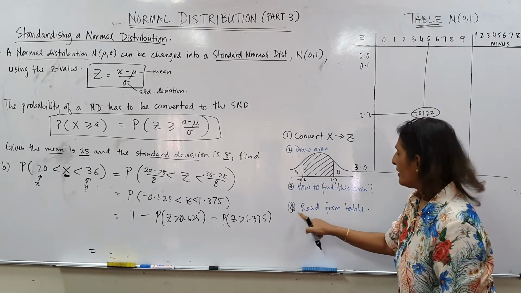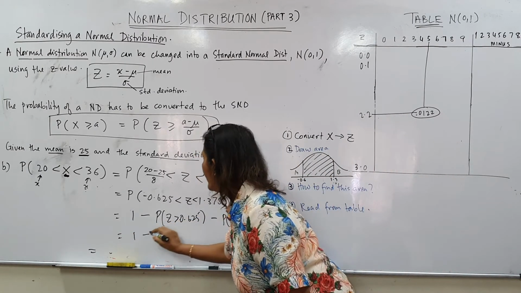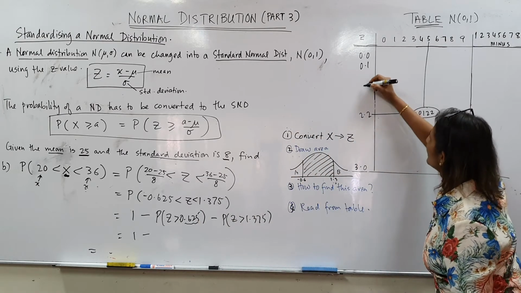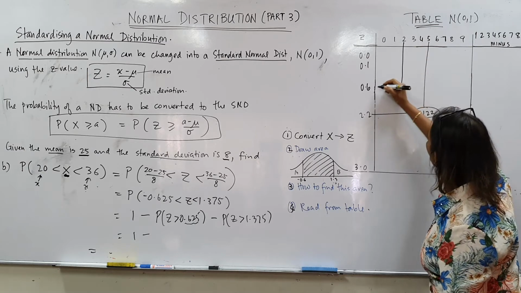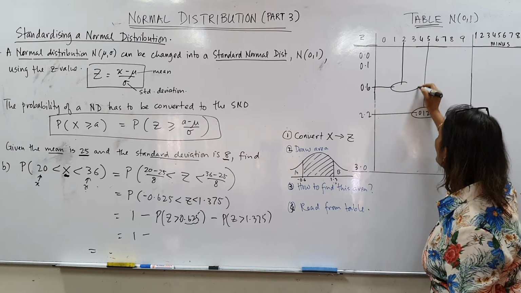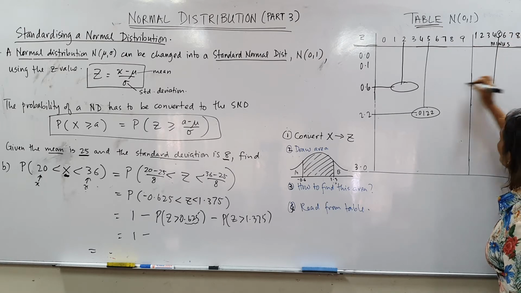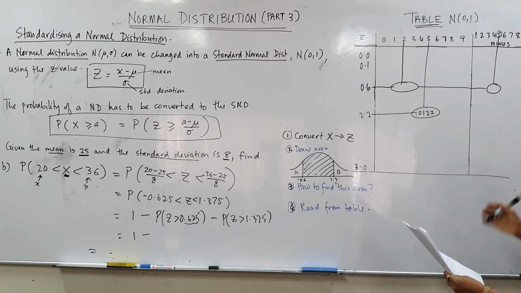Okay, what is the next step after that? Step 4, read from the table. Now 1 minus, we look for this 0.625. 0.6 and 2 is here, this row, this value, and 5 is from here. We go down to the same row, this value. Okay, let's see what that is.